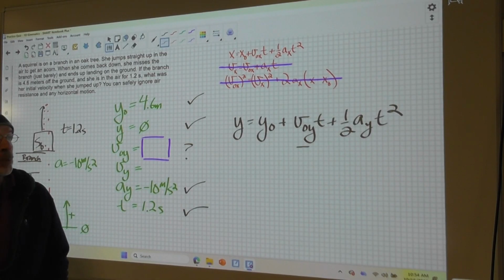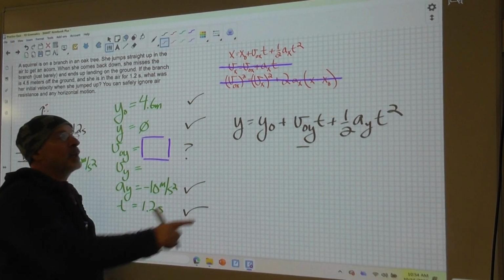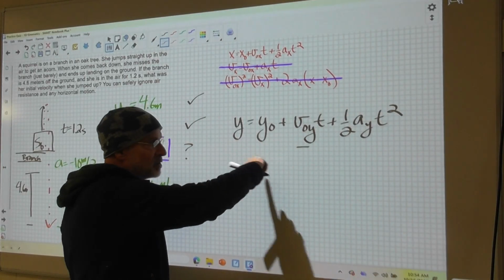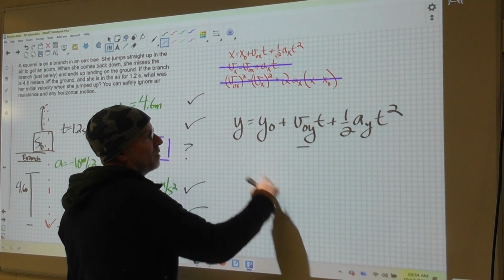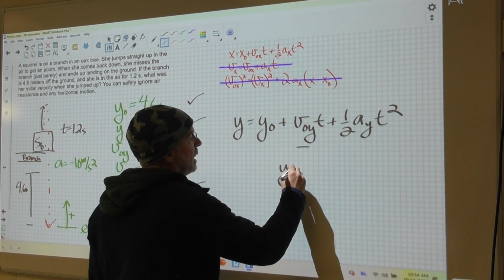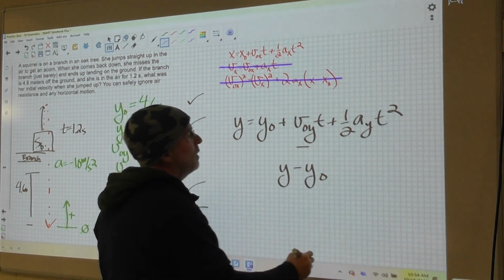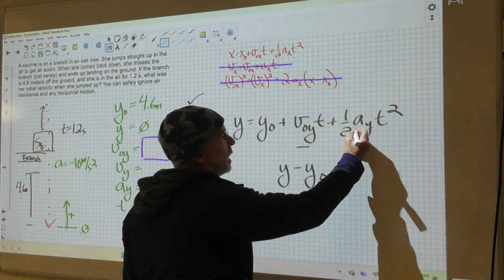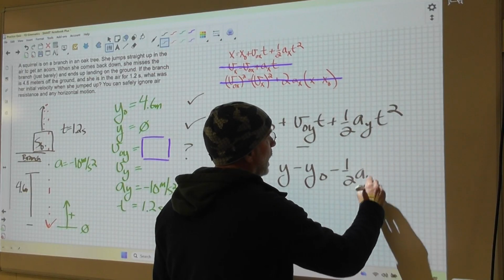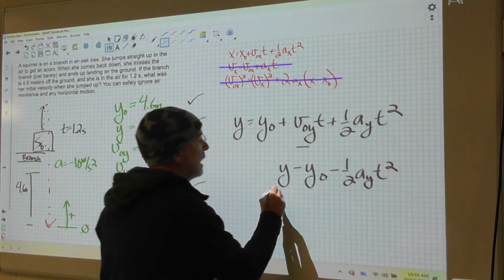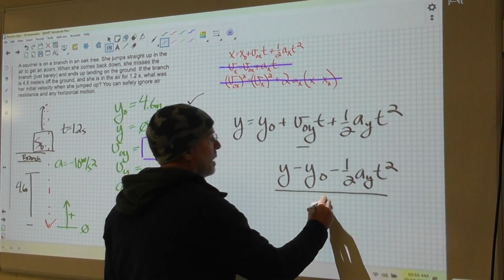But for this, we're not looking for time. So all I need to do is some subtraction and a little bit of division. I'm going to subtract y0 from both sides, so that's going to be y minus y0. I'm going to subtract 1/2 a_y t squared, and I'm going to divide by time.